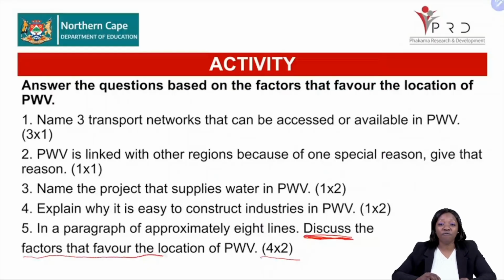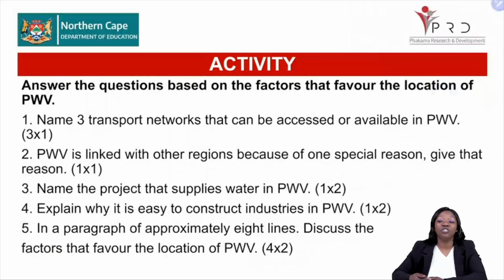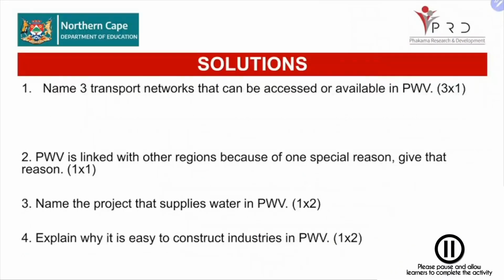So I'm going to give you 10 minutes to work on these 5 questions, so that you can discuss your points thoroughly. Then after 10 minutes, we will proceed to the corrections.